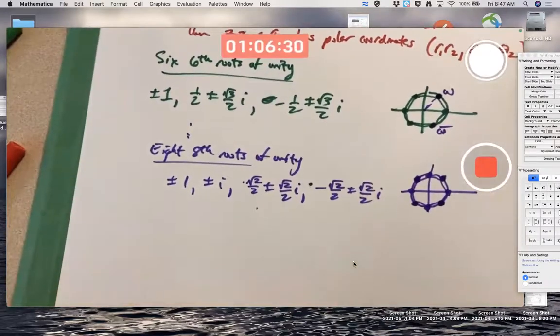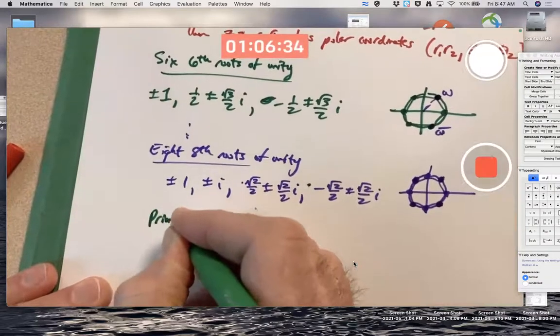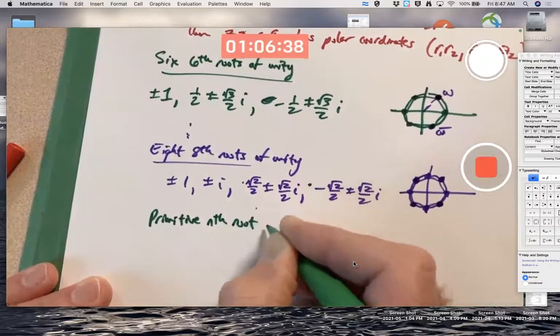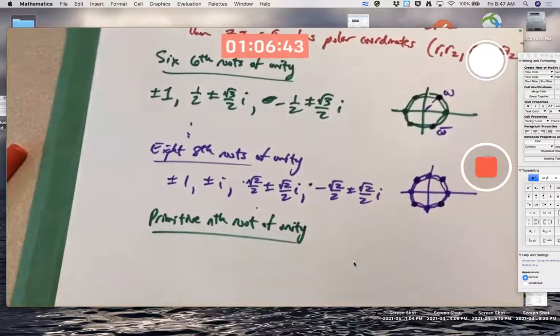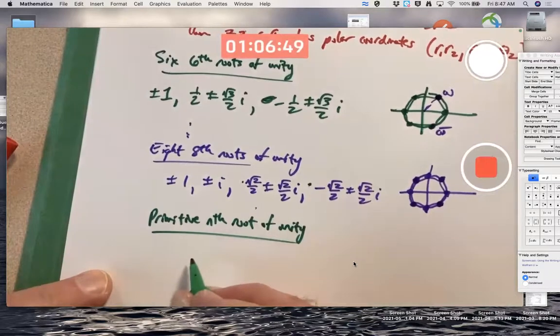In general, there's something called the primitive nth root of unity. That is typically taken to be the one with the smallest angle. That's not 0 degrees; it's not equal to 1.